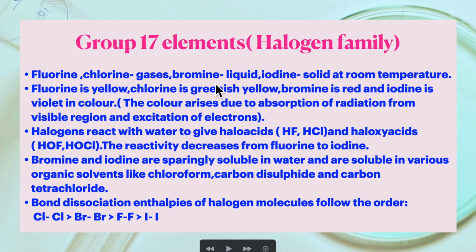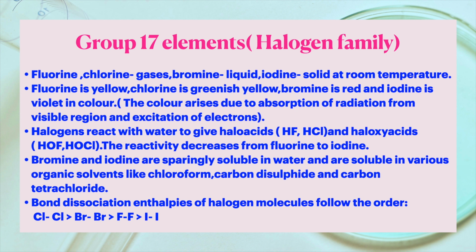Fluorine is yellow in color, chlorine is greenish yellow, bromine is red, and iodine is violet. This color is due to the absorption of radiation from the visible region and excitation of electrons.